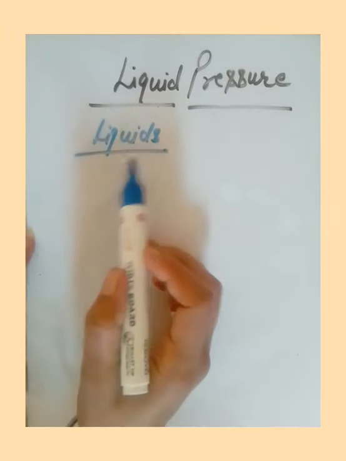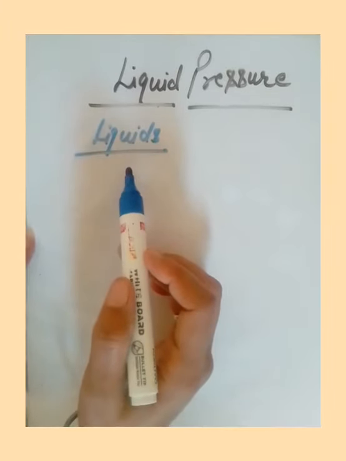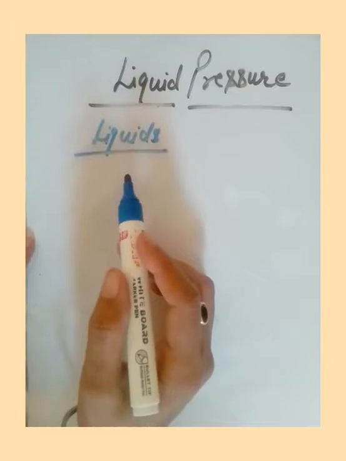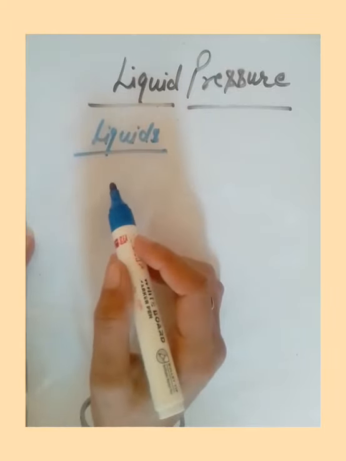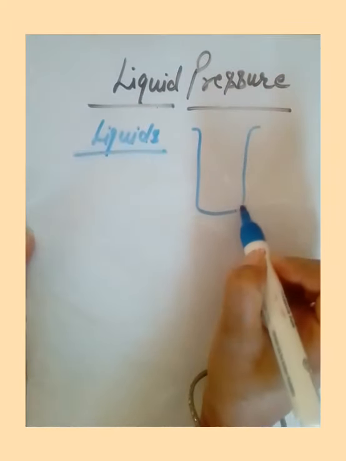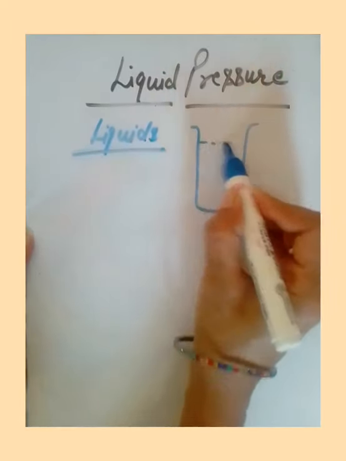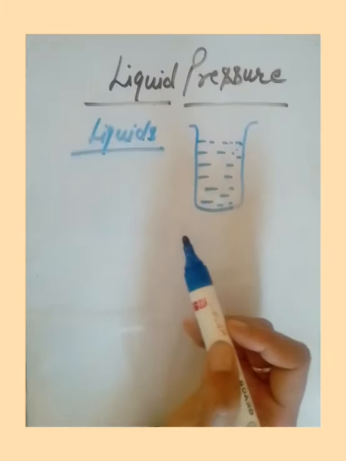We have started the topic pressure, and now in this video we will study liquid pressure. So what is liquid pressure? Simply the pressure exerted by liquids at any point when they are kept inside containers. For example, this container is filled with liquid.